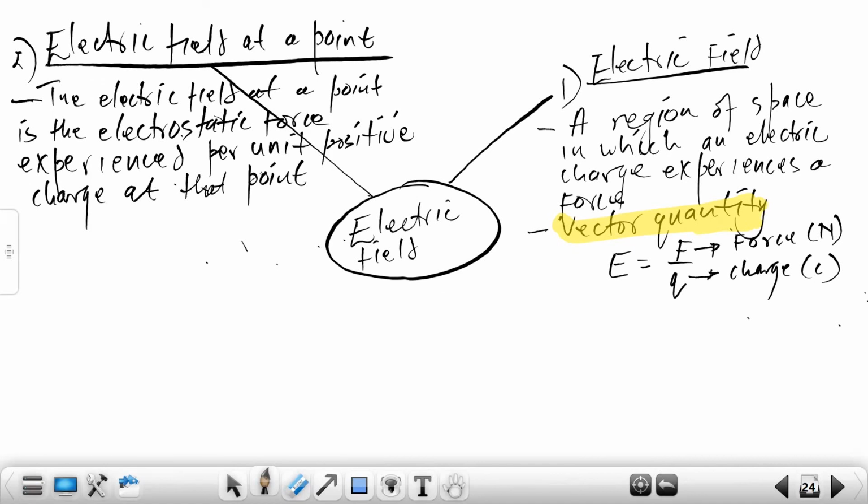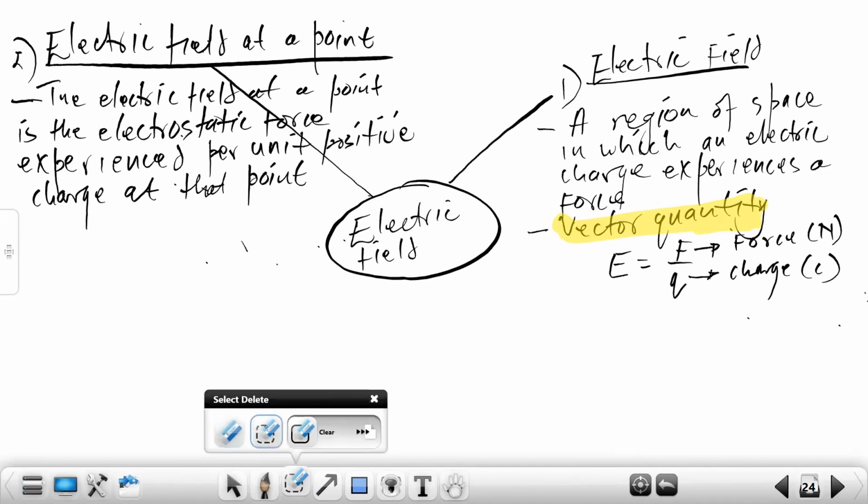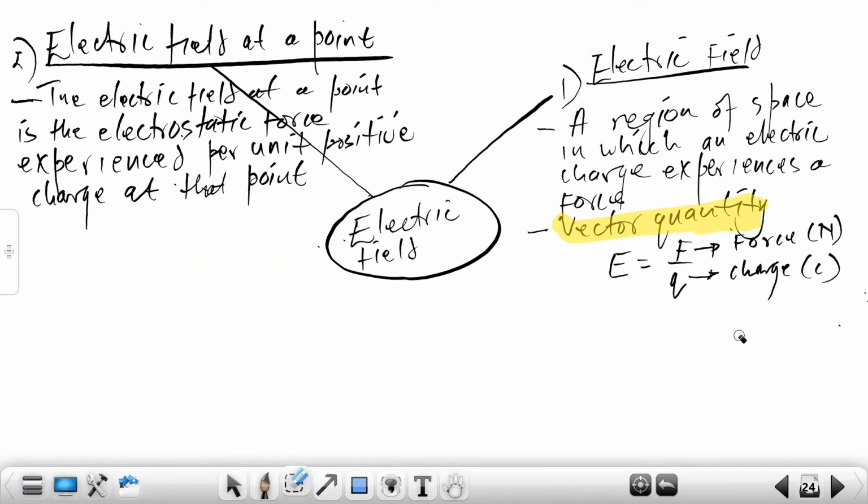Remember, this definition is a definition as per the exam guideline. So if you do not give the exact same definition, you're going to lose a lot of marks for that.